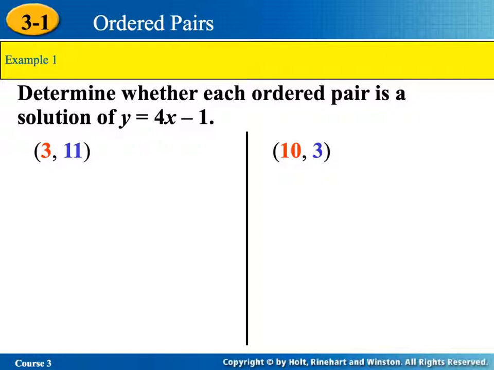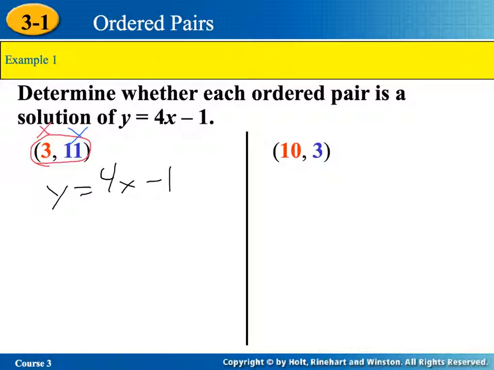All right, so when you look at this, we're going to determine whether each ordered pair is a solution of y equals 4x minus 1. How we do that is the book or the test will give you an equation, y equals 4x minus 1, and it will also give you a point, (3, 11). What is your x in (3, 11)? Your x is 3, your y is 11.